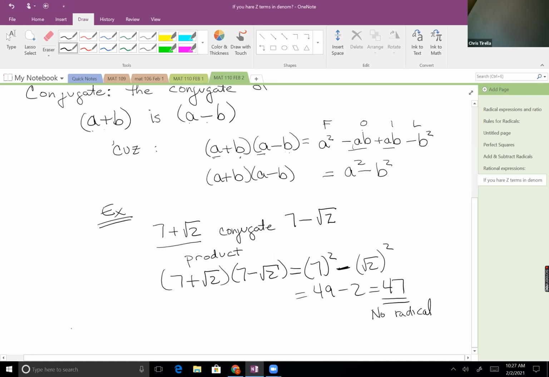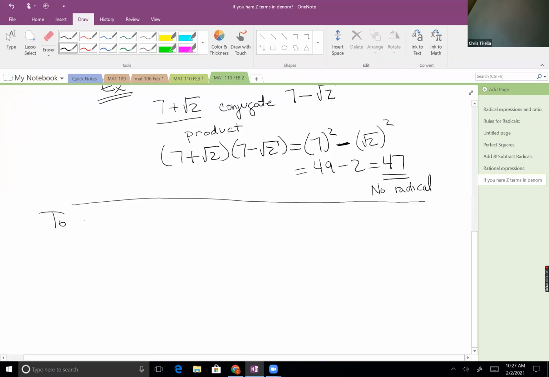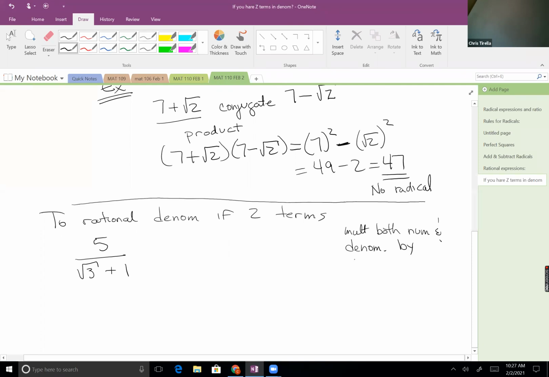So, going back to that problem we put at the top of the page, which was 5 over radical 3 plus 1, to rationalize the denominator if there are two terms, and again, that same example, 5 over radical 3 plus 1, we're going to multiply both the numerator and denominator by the conjugate of the denominator.